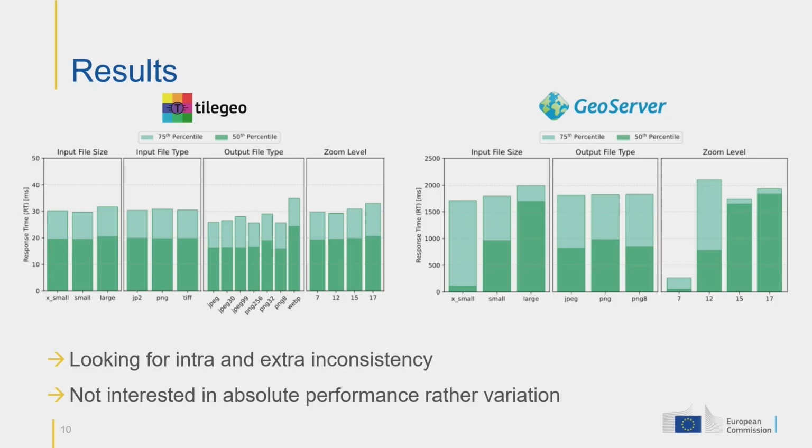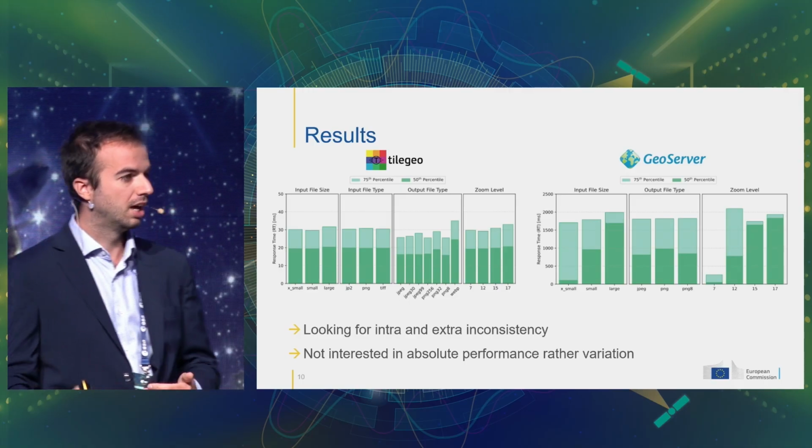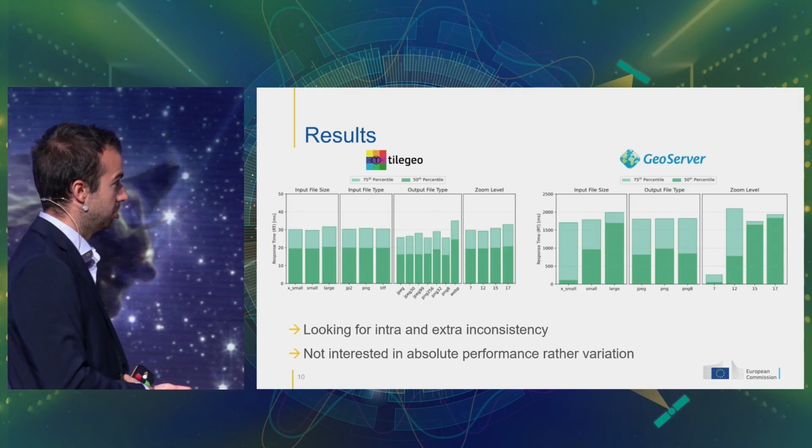So we want to see if there is inconsistency within the same software or inconsistency between two different software. For instance, for TileGeo, we see that the 15th percentile of the average rendering time for WebP tiles is significantly higher than the other formats.